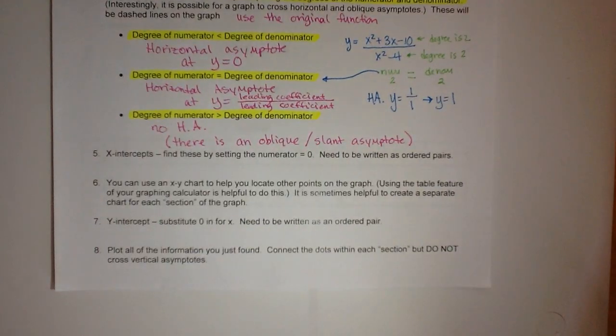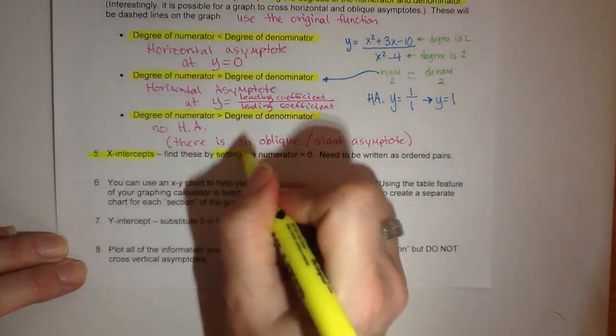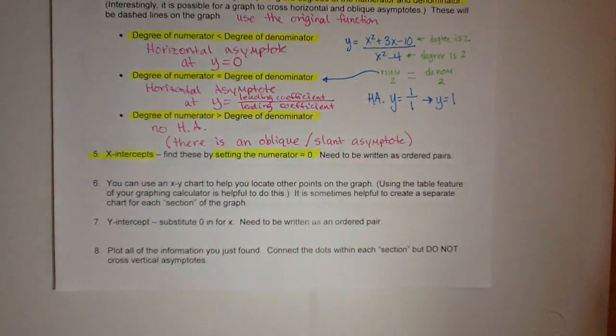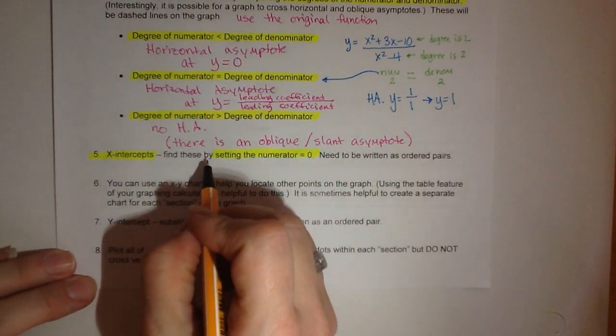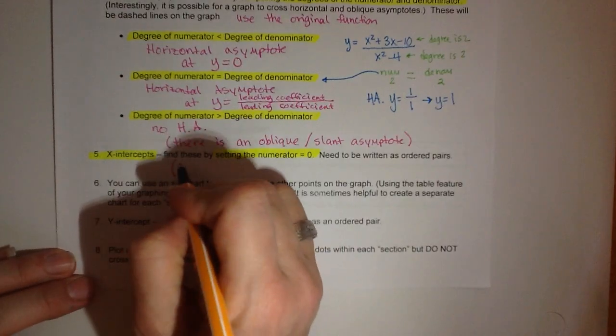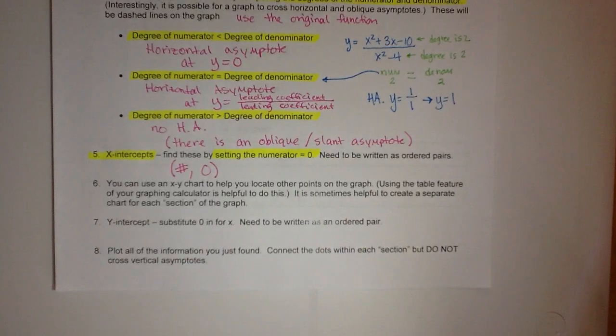X-intercepts, that's our next step. We find x-intercepts by setting the numerator equal to 0 after we have canceled. So x-intercepts need to be written as ordered pairs. So there's going to be a number in the x spot and a 0 in the y spot.